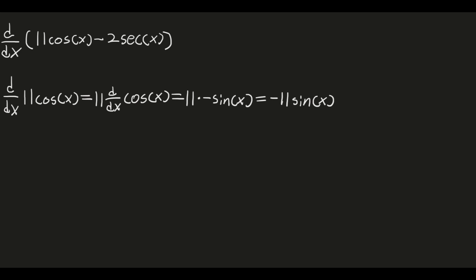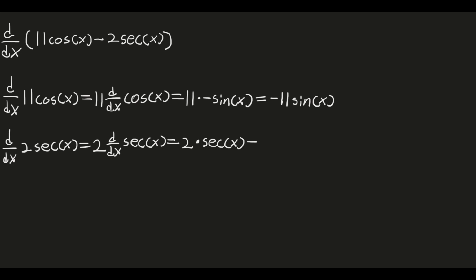Now let's move on to the second term, which is 2 secant x. We could take out the 2 and then write the derivative of secant x separately, of course. Then we will write out 2 times the derivative of secant x, and if you can recall, the derivative of secant x is secant x times tangent x.